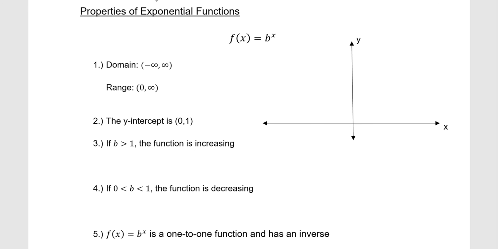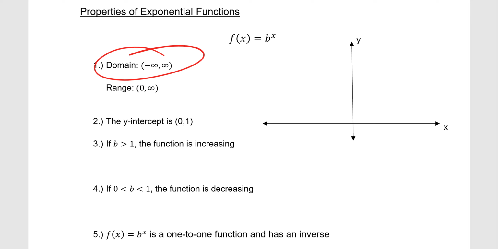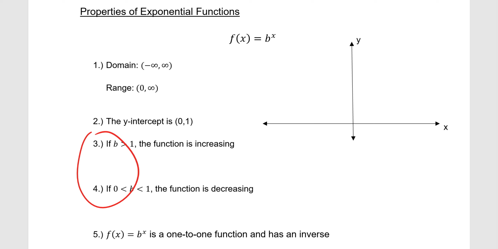Okay, and then for this last thing, we have some properties of exponential functions. As long as they're in the form f of x equals b to the x, so nothing else going on, no adding, subtracting, multiplying, dividing, anything, just b to the x, we have these certain properties. The domain is going to be negative infinity to infinity, all real numbers, and the range is 0 to infinity. The y-intercept is going to be at (0, 1). And then for 3 and 4, we get these two separate cases.